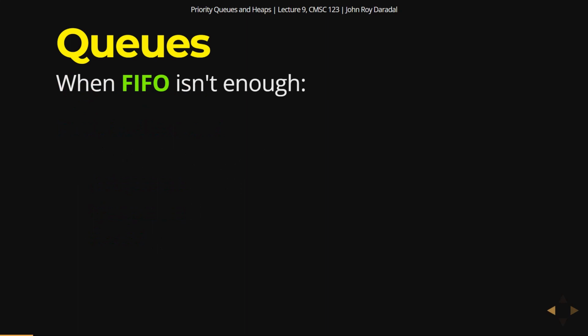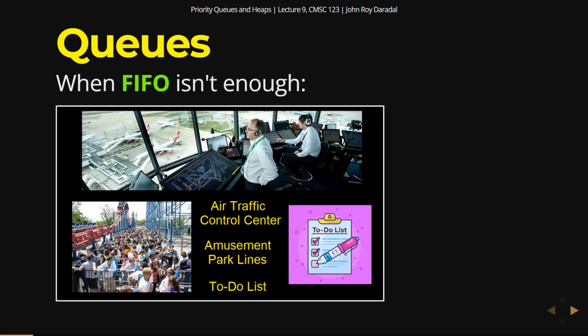However, in some cases, the first in first out principle is not enough. So let's say, for example, in these scenarios, first in first out might not work. For example, in the air traffic control center, where they are directing airplanes in the airport, usually you make the planes land depending on their arrival, right? So whoever arrived first would also be accommodated first.